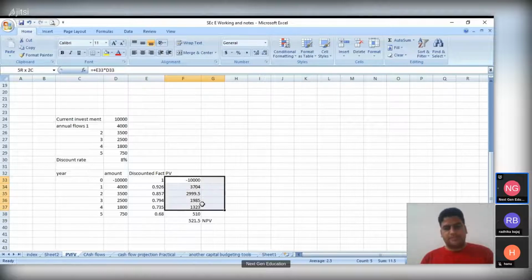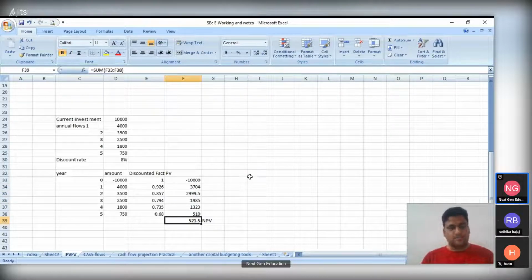This is your present values. You have to calculate it and sum them up. So after investing 10,000 rupees into a particular project for five years, you will get different amounts of cash inflows.